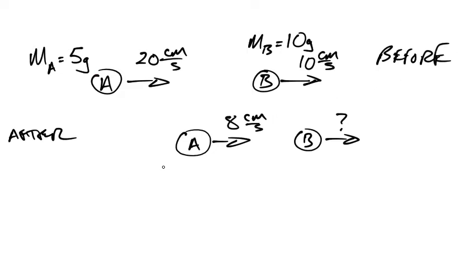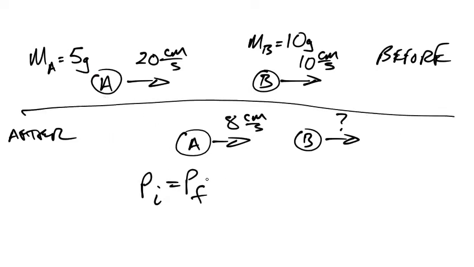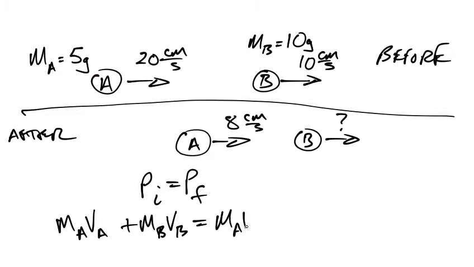Once again, all of these momentum problems need to be solved with the concept of conservation of momentum. Initial momentum equals final momentum. In this case, we have two masses before and after. Okay, there's before and after. So it's quite easy. I just go MA VA plus MB VB is equal to MA VA.